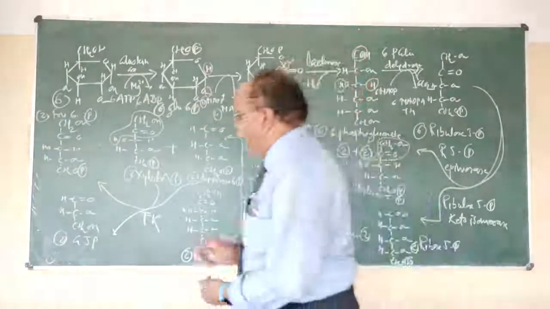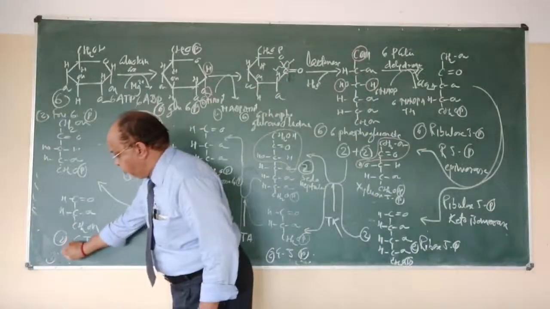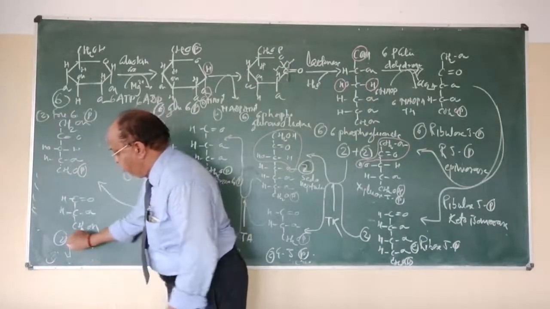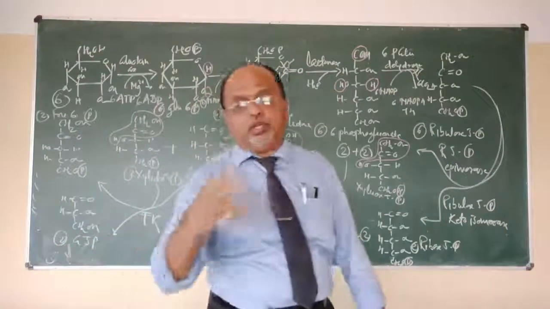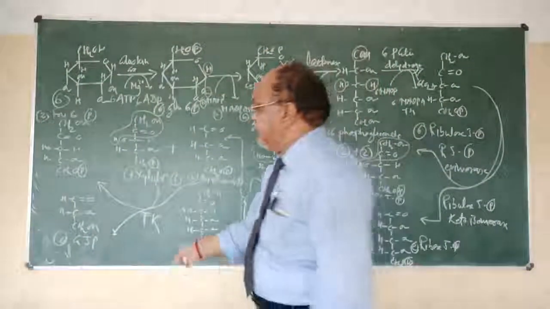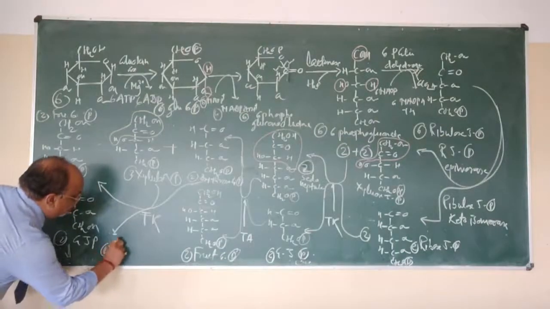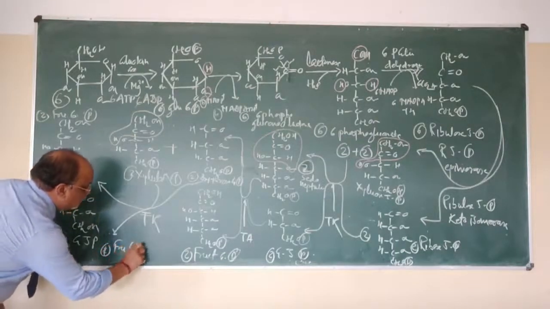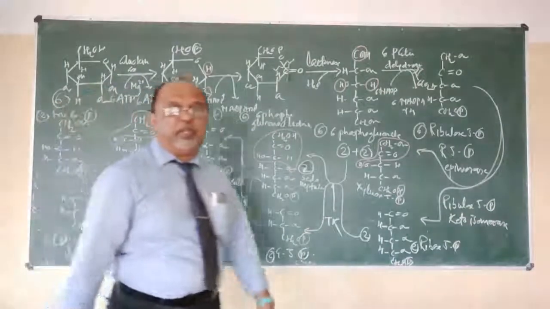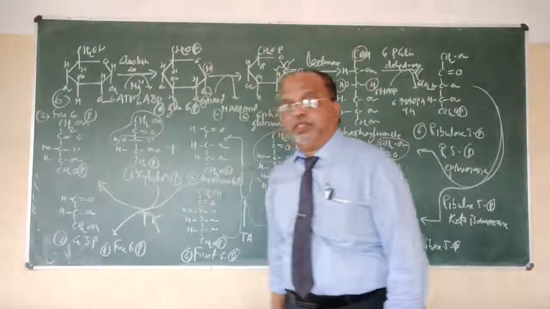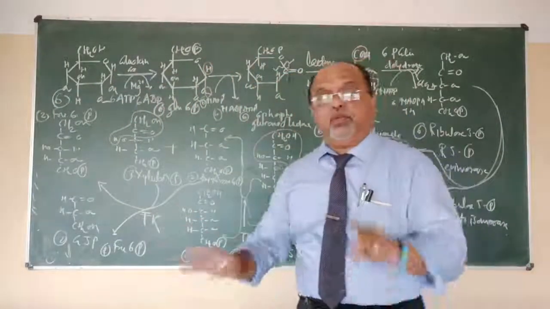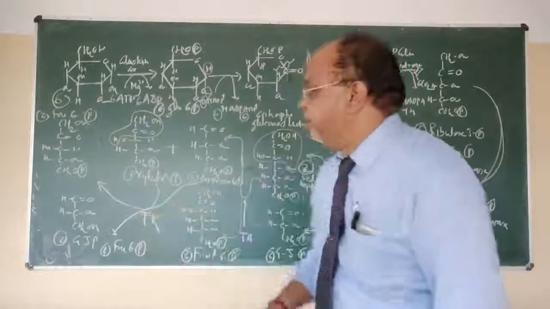Okay, so these 2 molecules of G3P, through the reverse of glycolysis, are again converted into 1 molecule of fructose 1,6-bisphosphate, which is converted to fructose 6-phosphate. So how many fructose 6-phosphate molecules are regenerated?